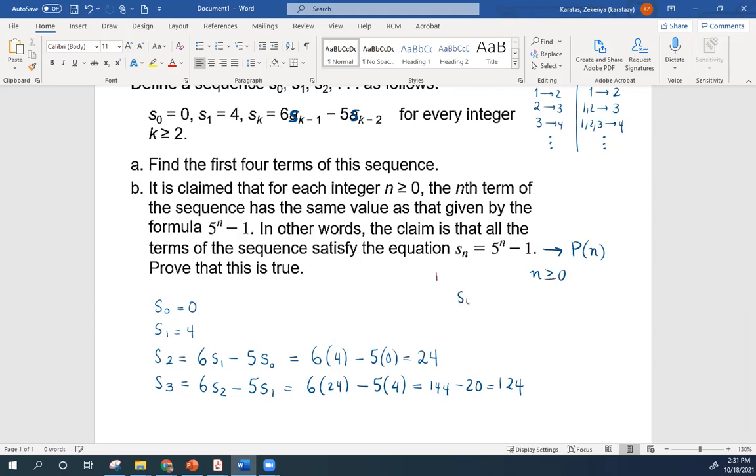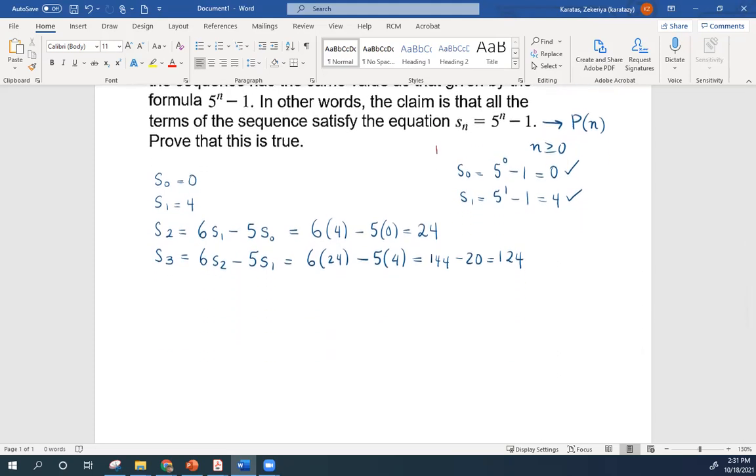If you look at S0, it's 5 to the 0 minus 1, which is 0. That works. If you look at S1, it's 5 to the 1 minus 1, which is 4. So that works. Those two are your basis. We just proved that it's true for 0 and 1.